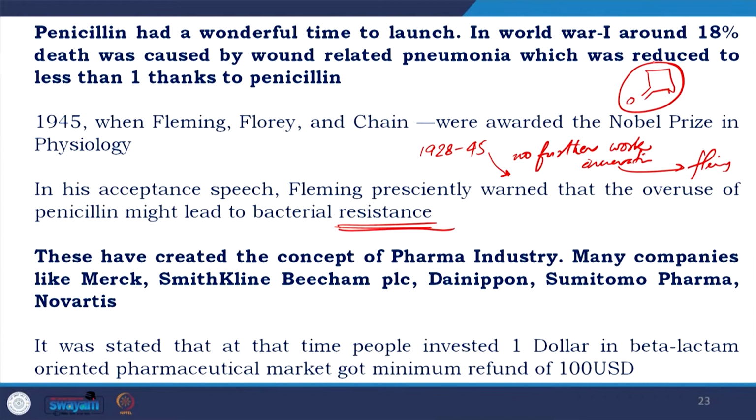It was also stated that at that time people who invested $1 in the beta lactam oriented pharmaceutical market got a minimum return of $100, a minimum. So, on one side it is huge money, on the other side this was helping to set up industry. If you see, at the same time when people were becoming aware, people did not want to work under other people.